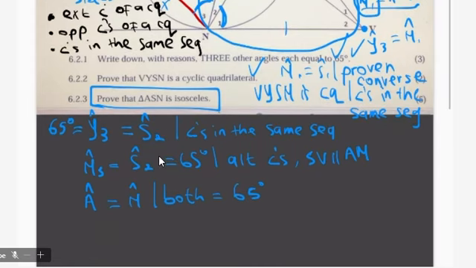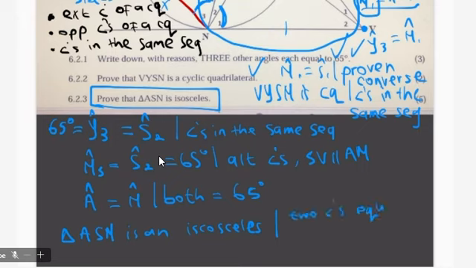Then what is left is to say triangle ASN is an isosceles triangle. Because why? Because two angles are equal in a triangle. So you are done with your question.